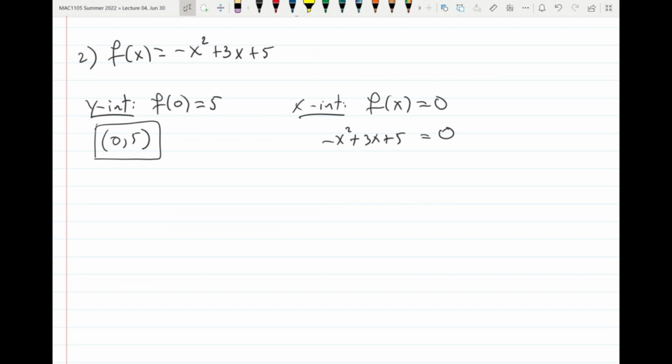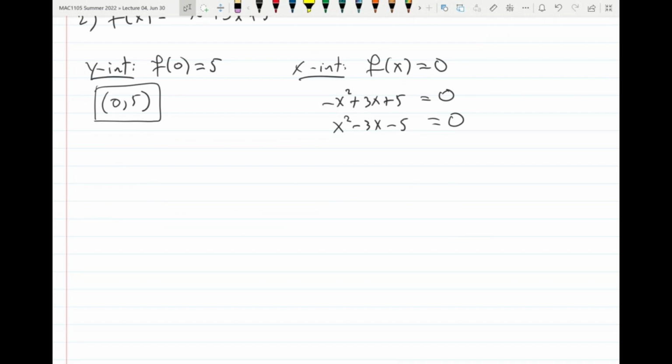Quadratic formula, right? Or complete the square, whatever is your favorite method. For example, I prefer to have negatives over here and positive a. So find the discriminant. That's going to be negative 3 squared minus 4 times 1 times negative 5. So that's 9 plus 20, which is 29.